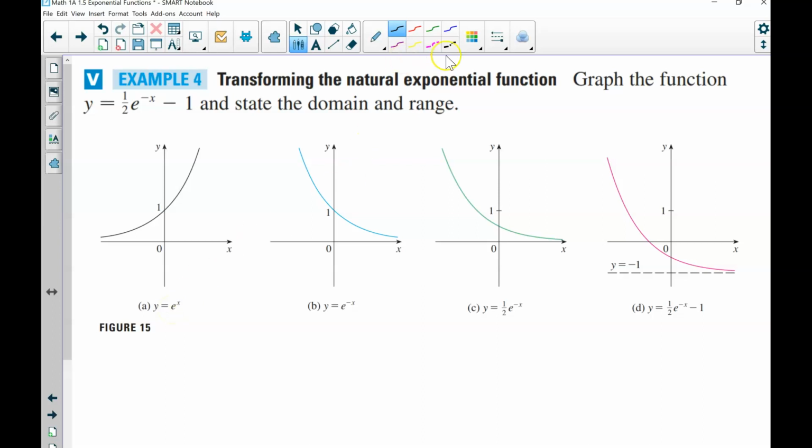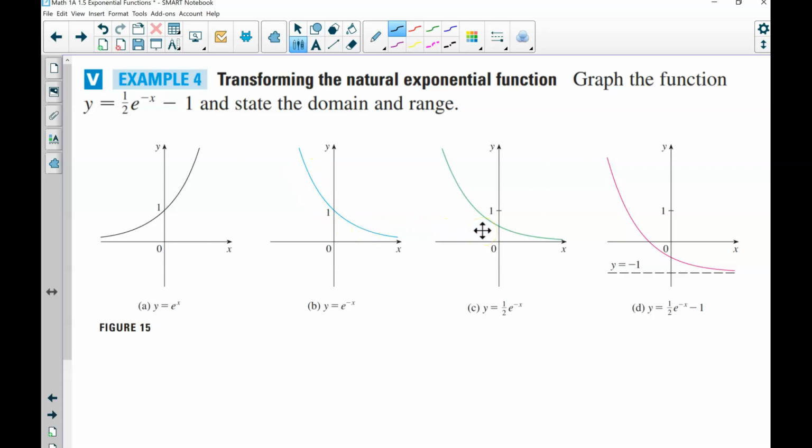Okay. And then what do we know? We know that the value of x is negative. So we reflect about the y-axis to get the graph of y equals e to the negative x, which is in figure B here. Notice that the graph crosses the y-axis with a slope now of negative 1.